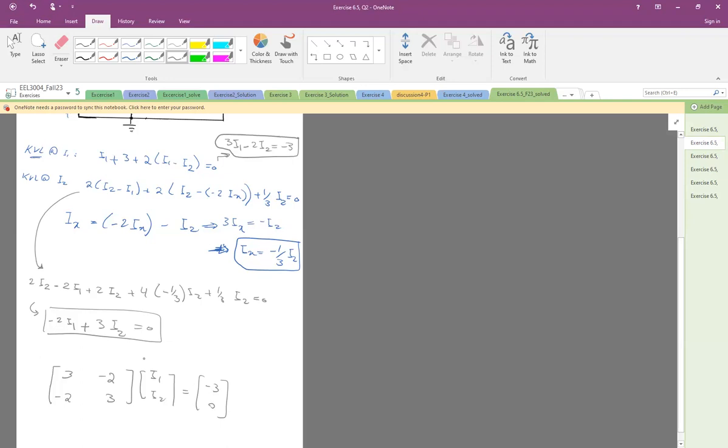So that's a matrix representation, and then we can solve I1 and I2. Or, because it's just two equations, easy. You can find, for example, from here, 2I1 equal to 3I2. In other words, I1 is 3/2 I2. And then you put it in the first equation and you find it.